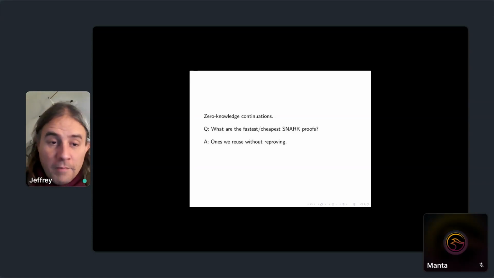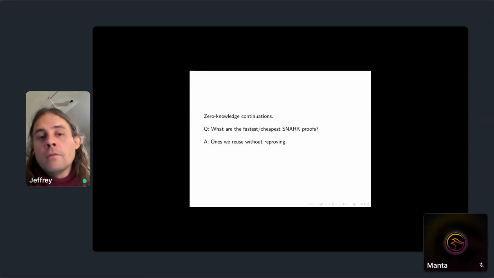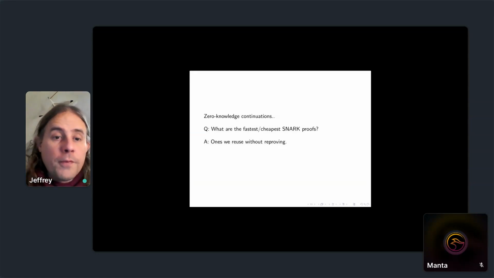Now, that's not very ZK because the proof itself will link the two uses. Nevertheless, this is what we're going to do. We're going to take an existing proof and make it unlinkable to the previous proof and sort of reuse it.